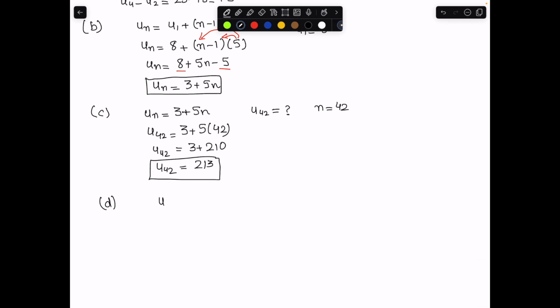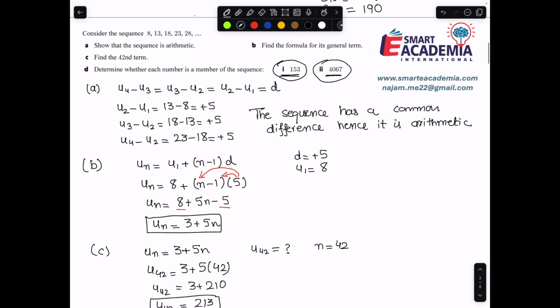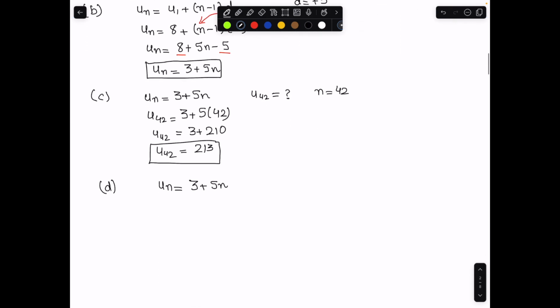We know that our general term that we derived from our B part is simply 3 plus 5n. Now we want to find whether 153 is part of the sequence. So in this case, we will simply put un equals 153. Now, let's try to find the value of n and see if it comes out as an integer. So 153 is equal to 3 plus 5n. Now we simply solve this expression for n.